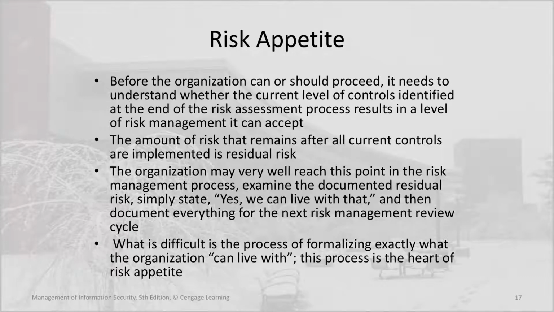The organization may very well reach this point in the risk management process, examine the documented residual risk, and simply state, yes, we can live with that, and then document everything for the next risk management review cycle. What is difficult is the process of formalizing exactly what the organization can live with. This process is the heart of risk appetite.